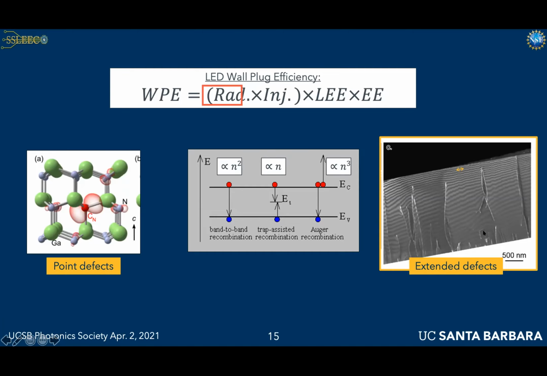You can see these dislocations which thread upwards throughout the film. Once these generate, it's very hard to get rid of them, because they'll just thread up vertically pretty much forever, and they'll poke through your active region. And anytime a hole is close enough to a threading dislocation, it will just recombine at the threading dislocation non-radiatively.